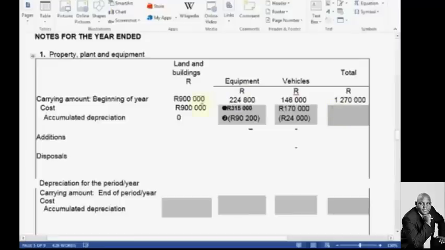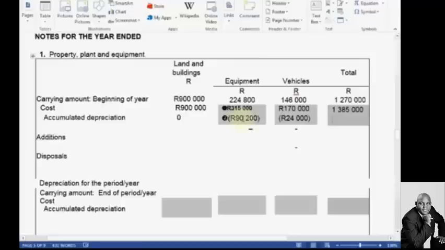Okay. And then the same applies here. It's 900,000 plus 315,000 plus 170,000. It's giving me 1,385,000.